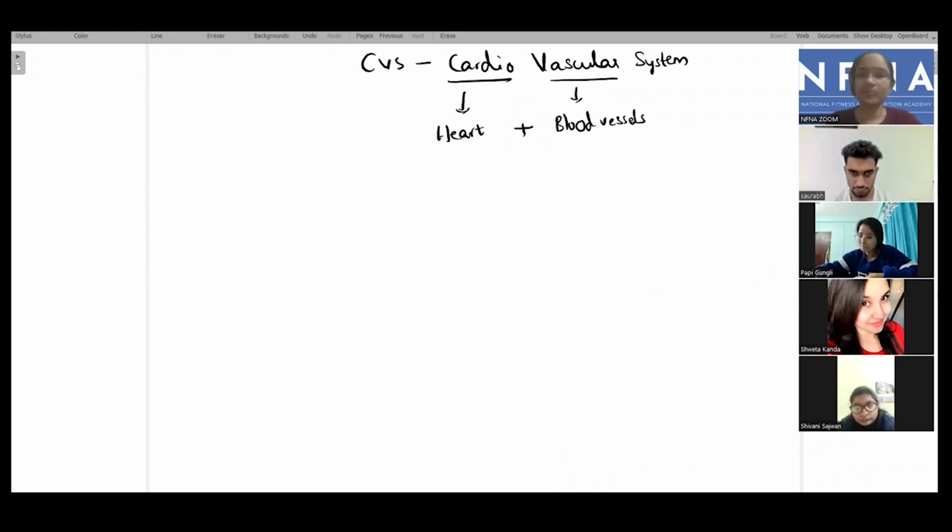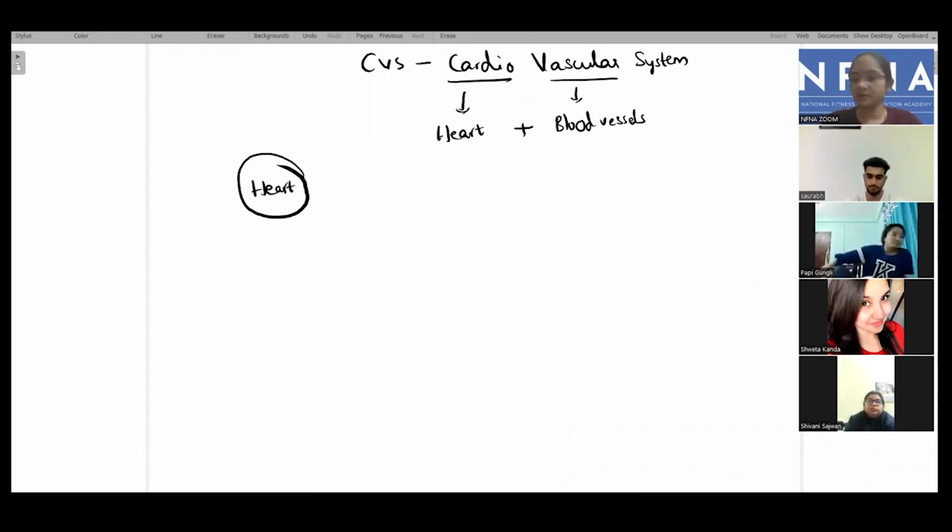Basically, for example here we have heart, right? So let's take this as heart. Here we have two different sorts of blood vessels. Under the blood vessels we have two different sorts: arteries and veins.